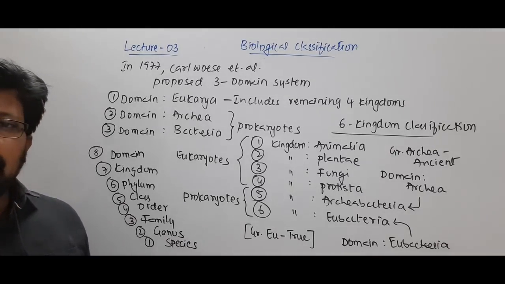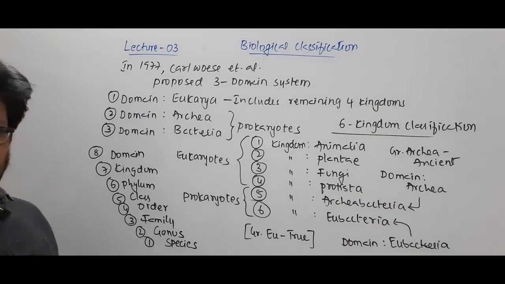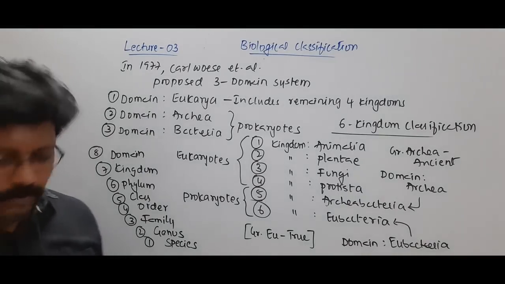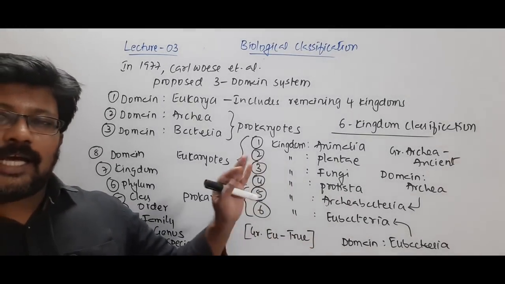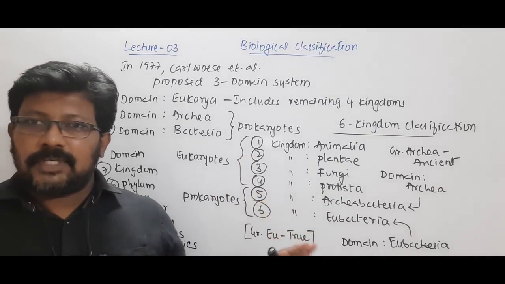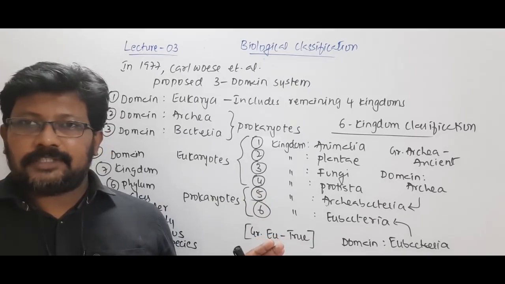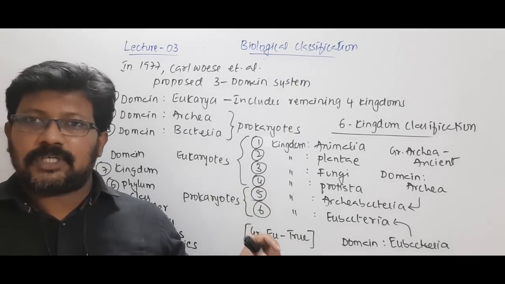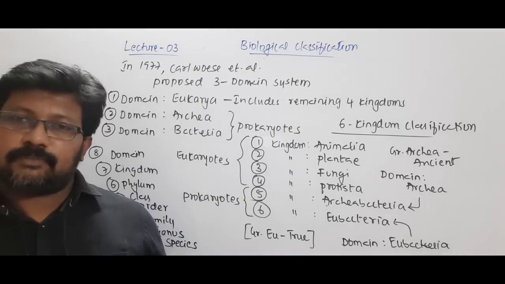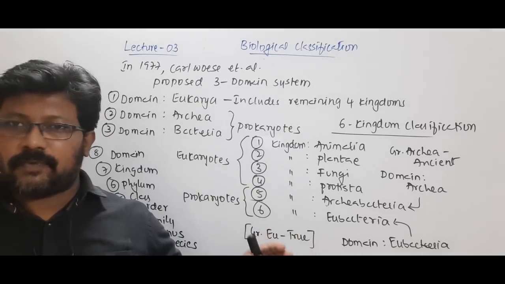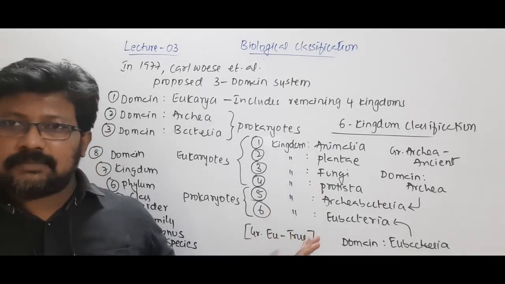Now that's a small piece of information I would like to give you. Now we will see each kingdom in detail, one by one. I'm not going to discuss the six kingdom classification. I'm going to follow the same five kingdom classification. So I'm going to first discuss kingdom Monera, and then kingdom Protista, and I will go in this way, not with the six kingdom classification.